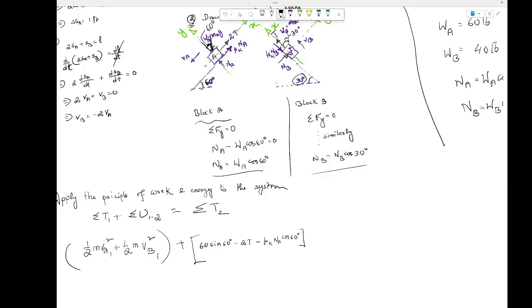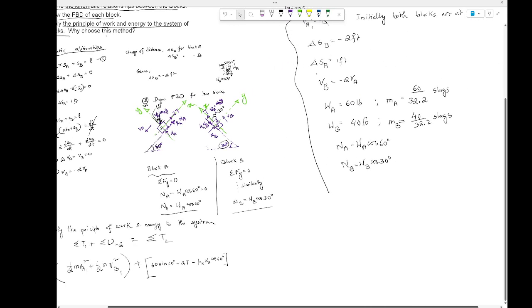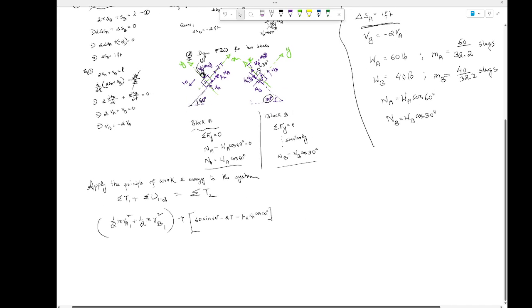And for block A, what is del S_A, or the movement in S? For block B it is 2 feet, right? So block A, how much of the movement? 1 foot. Everybody understand? So we're going to multiply this by 1 foot here.